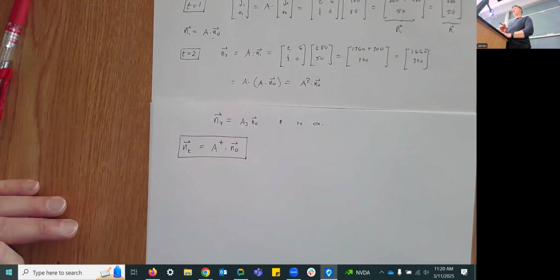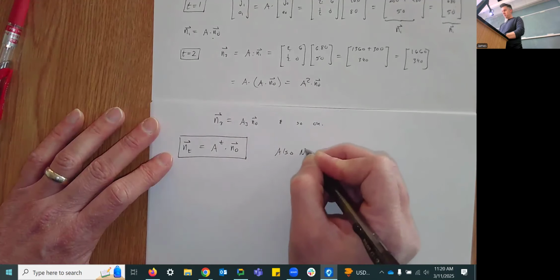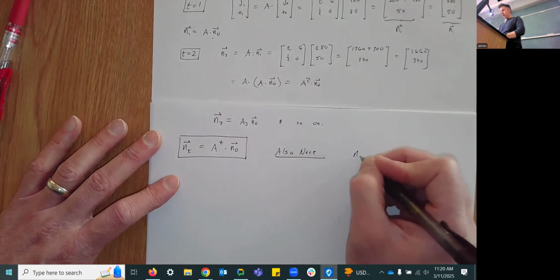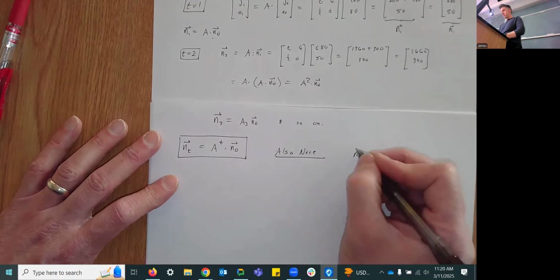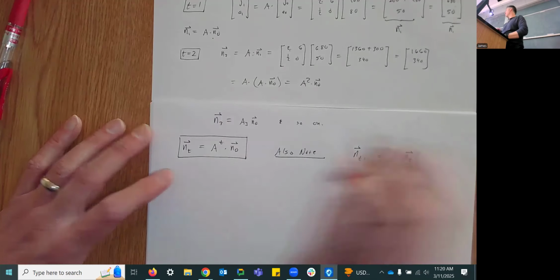I will also point out, because it comes up often, what we're really saying is that next year's population size is equal to a times the previous year's population size.